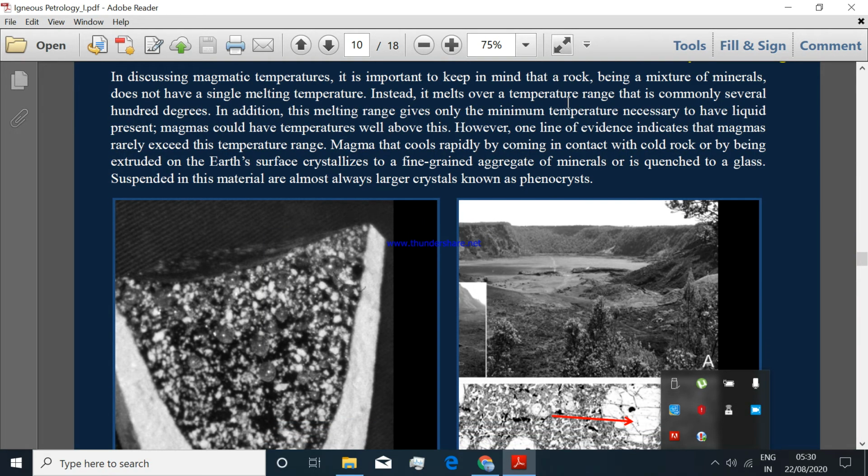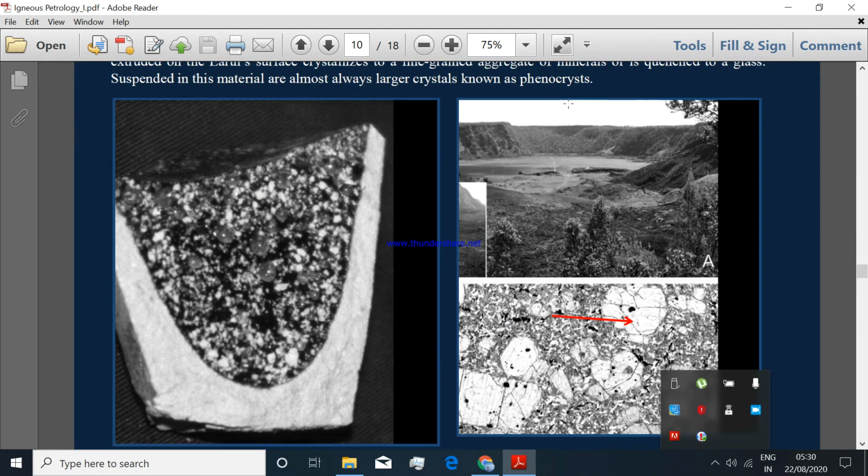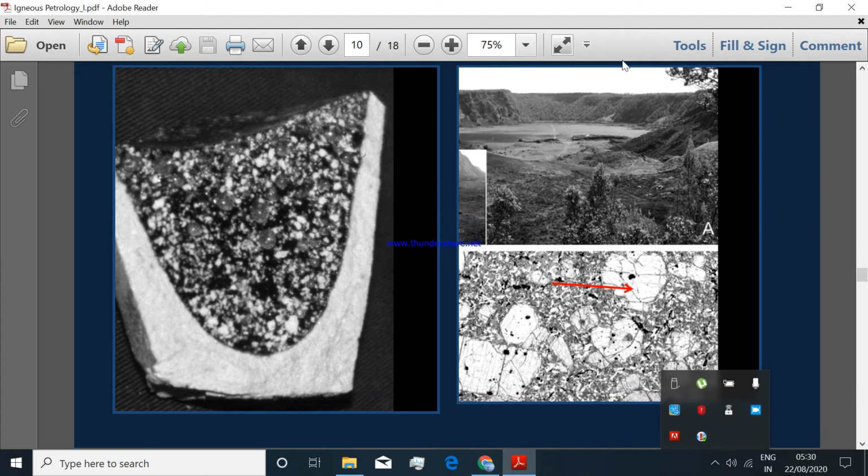The next thing that we will be interested to understand is the properties of the magma. Here is an example from a lava lake crater probably, and here you can see the different phases or minerals under the microscope. Here you can observe that some larger masses, which are known as phenocrysts, are immersed in a finer grained matrix of the rock.